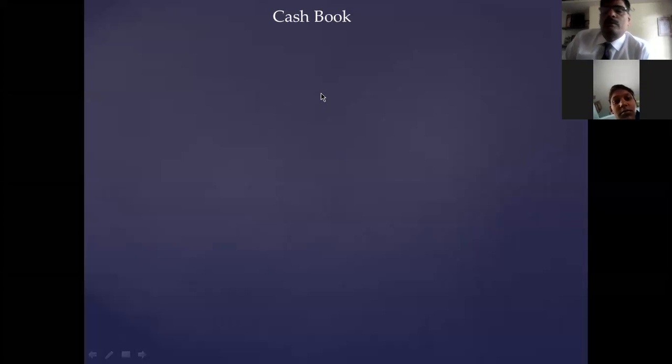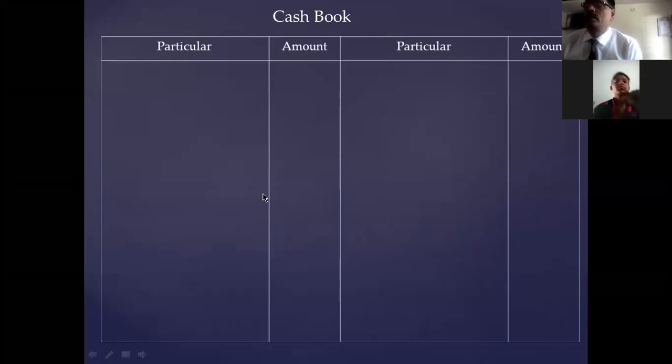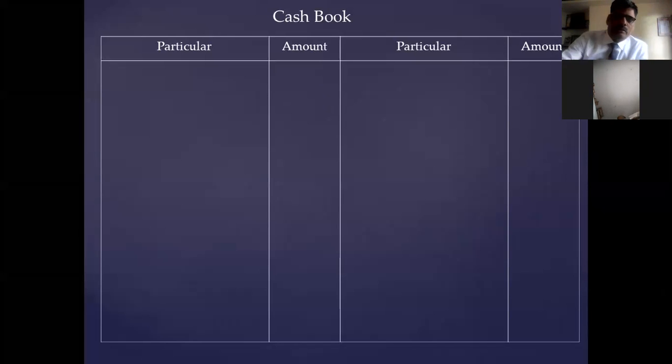First I'll prepare the cash book. This is the cash book. In the cash book, I'll enter all the transactions in the cash book itself.